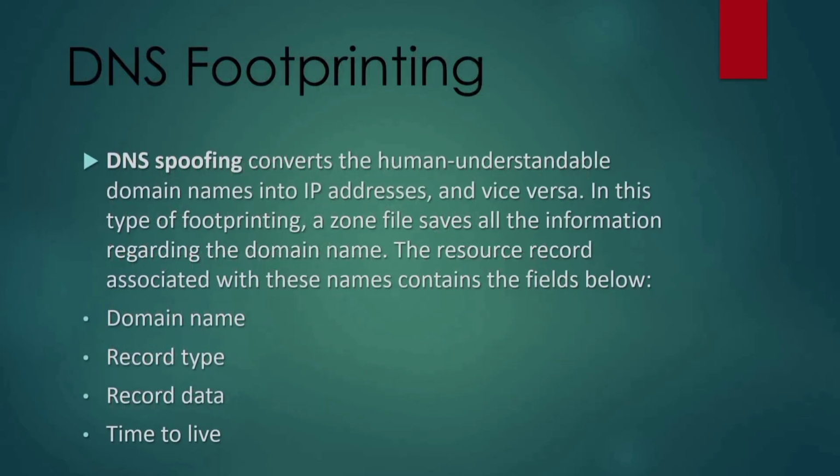Now, DNS footprinting, also called DNS spoofing. It converts the human-understandable domain name into IP addresses and vice versa. In this type of footprinting, zone files save all the information regarding the domain name. DNS footprinting is a process of identifying the name of the DNS used to target the zone transfer.